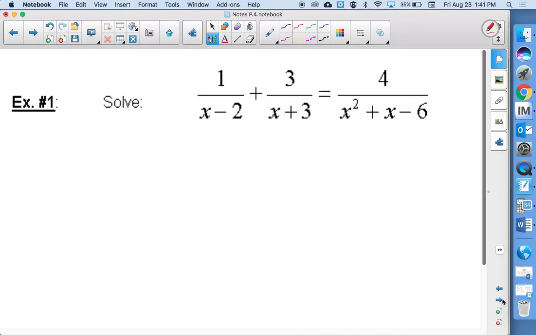But what do you have to do first? Mariella, okay. We factor the denominator so that we can figure out what that least common denominator is. Mariella, do you know how to factor it? It'd be x plus 3, x minus 2. Nice.